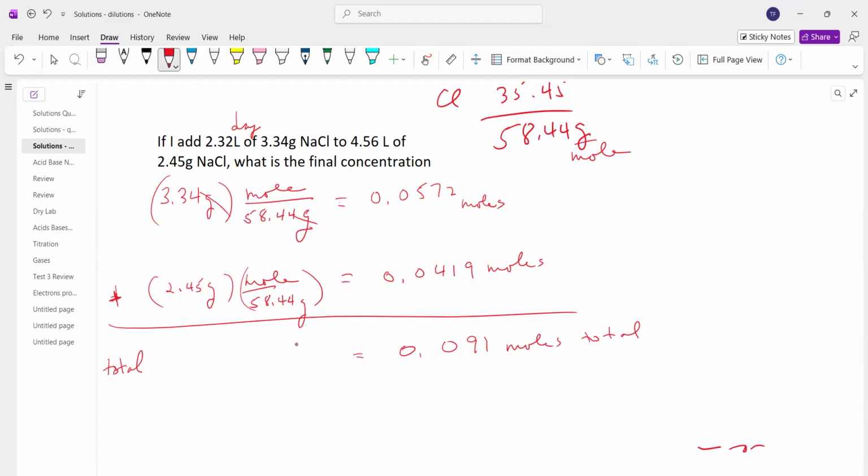How many, what's the volume? Okay, we've got 232 liters and 456 liters. So what is that? 688.